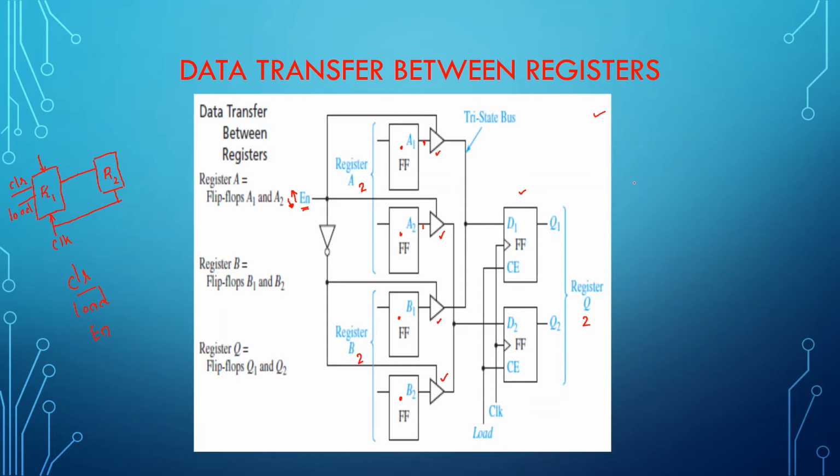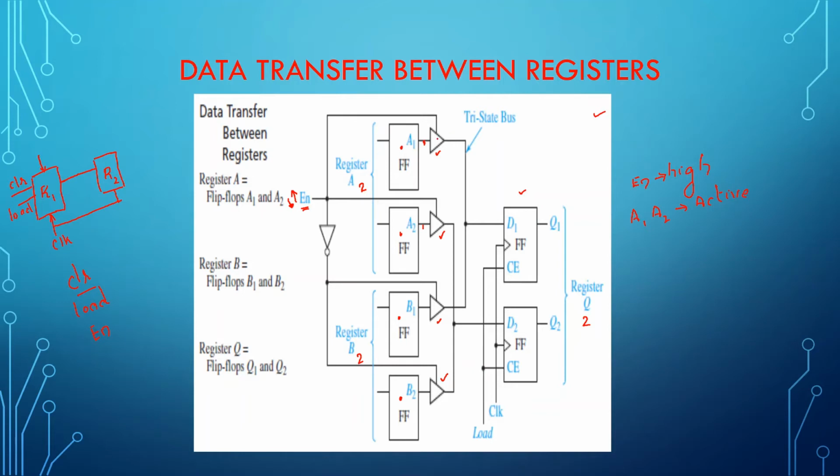Once all the signals are activated, you need to make your enable signal high. Once you make your enable signal high, the tri-state buffers of A1 and A2 will be active, or turned on.